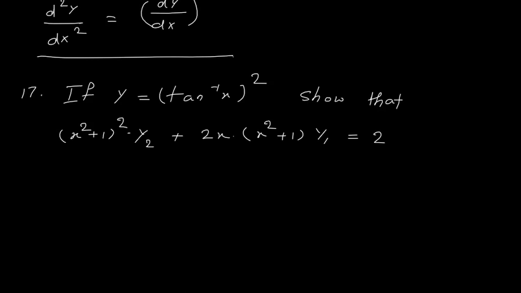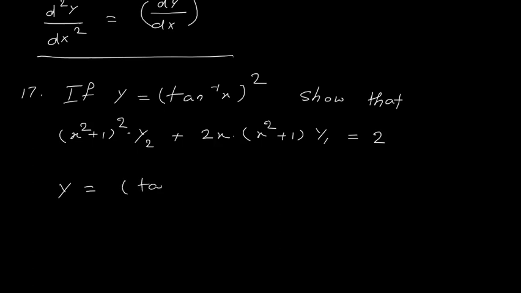Now this 17th problem: if y = (tan⁻¹ x)², we have to show that (x² + 1)² y2 + 2x (x² + 1) y1 = 2. Okay, so let us start. y = (tan⁻¹ x)².